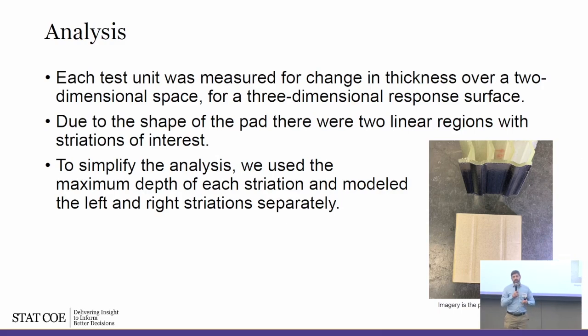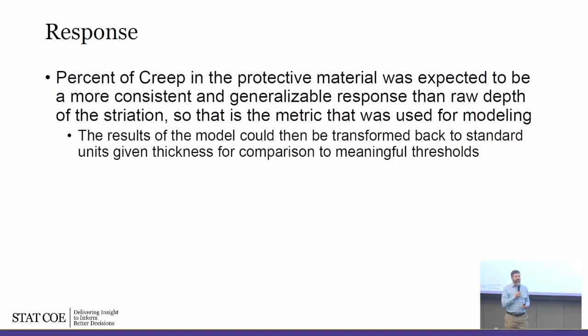So we actually did a multivariate analysis and considered it to have two response variables, the maximum depth for the left striation and the maximum depth for the right striation. And we also used the percentage of creep rather than the raw depth of the striation. That was deemed to be probably a more consistent measure and would make it easier to compare test case 1 to test case 3.